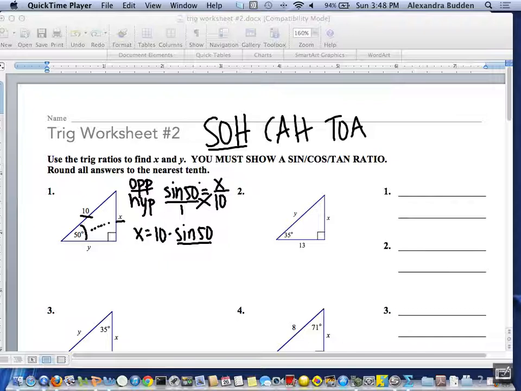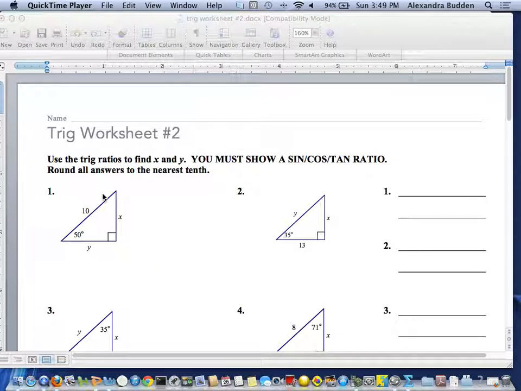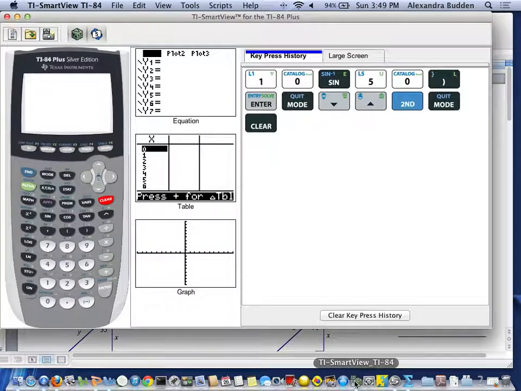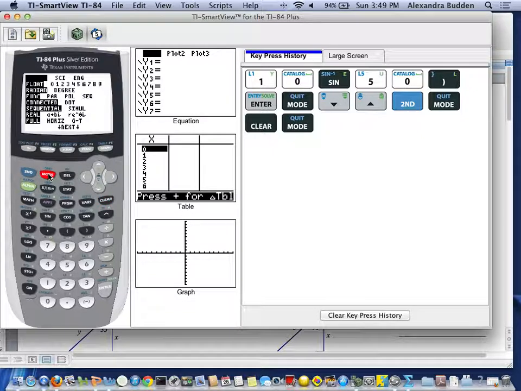Now is where the calculator comes in, so if you would please take your calculator out. Here's mine. First thing that I want you to do is hit mode. Go down. Make sure your mode is on degree and not radian. We're never going to use radian, so make sure it's in degree.